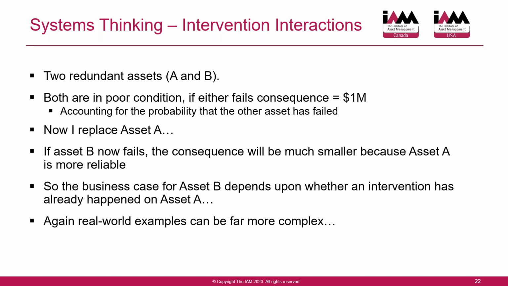The value you're going to get from project B may well depend on whether project A actually happened. So this clearly makes global optimizations very complex, because you have to consider all the interactions between all of these various interventions.